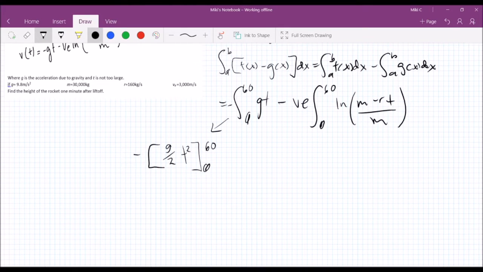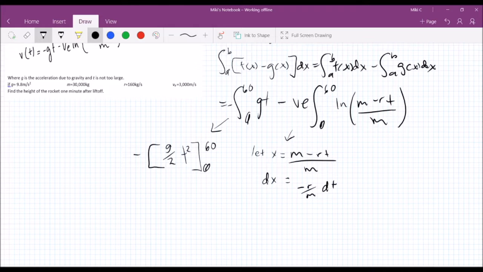And now we have to take a look at our second integral over here, and we're going to have to solve this one. To make it a little easier, we're going to use substitution and let x, just any variable, equal m minus rt over m. That means that when we differentiate, dx is equal to negative r over m dt.